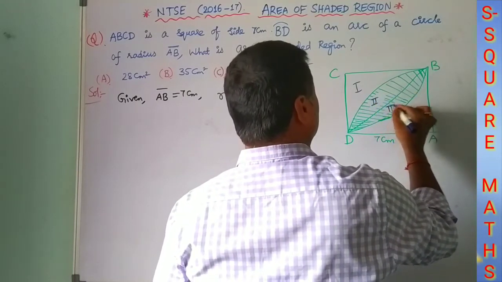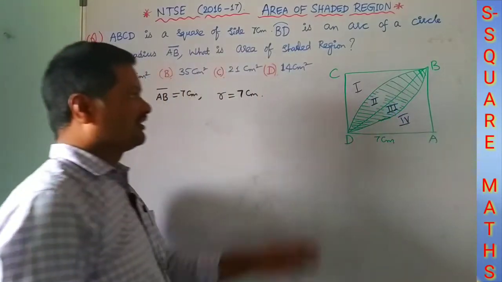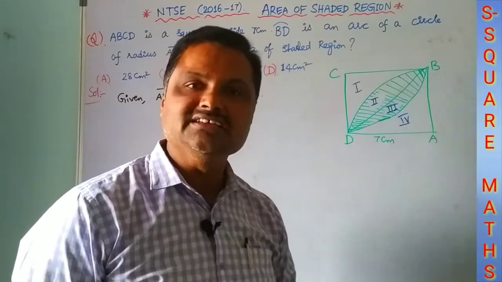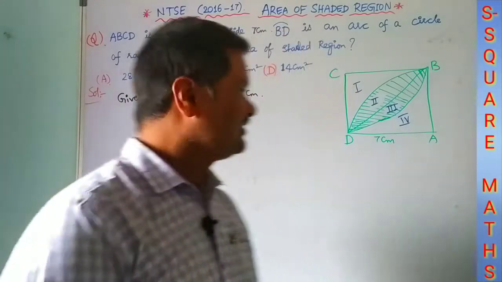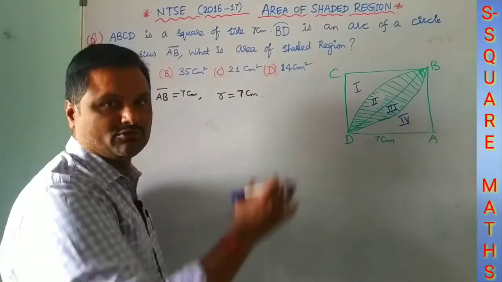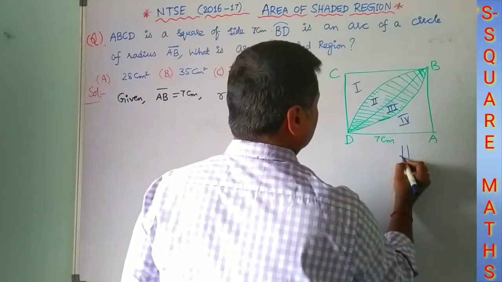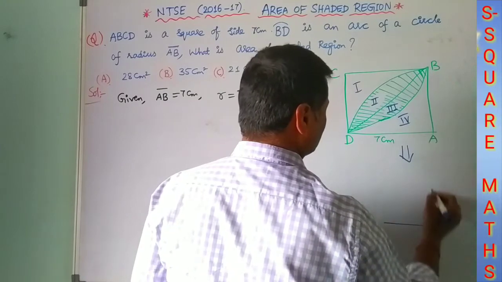Next, finally, this is our region 4. Now from the given analysis of the diagram, we have to determine the regions 2 and 3. To do this, I am going to illustrate in a better way. So consider this diagram.